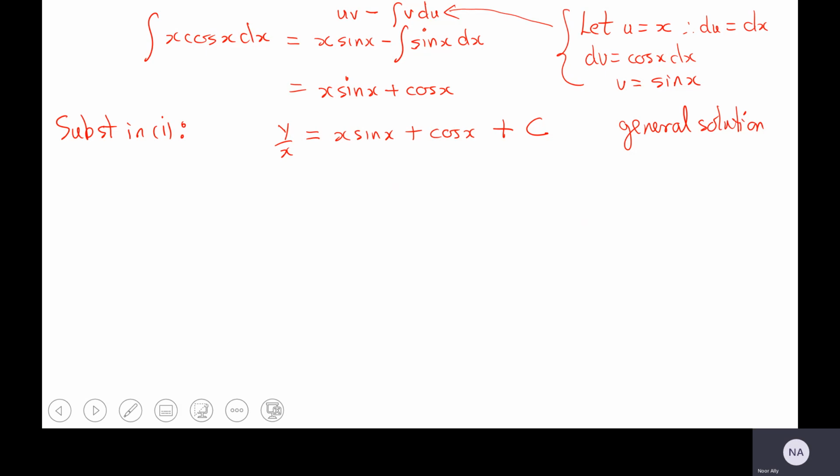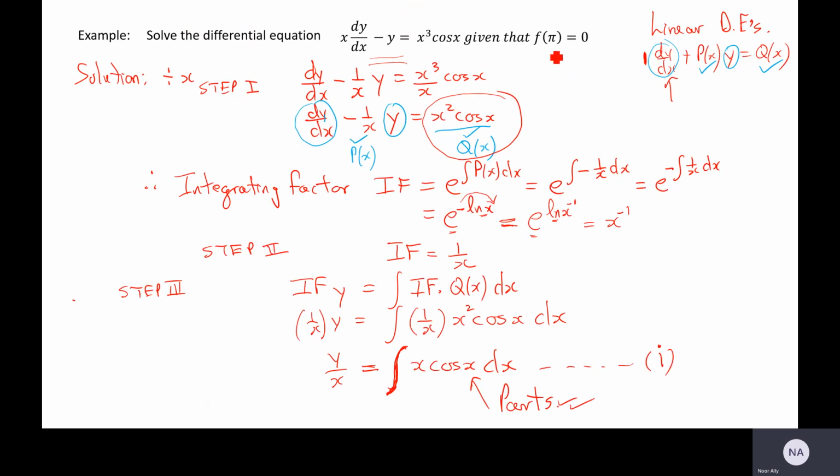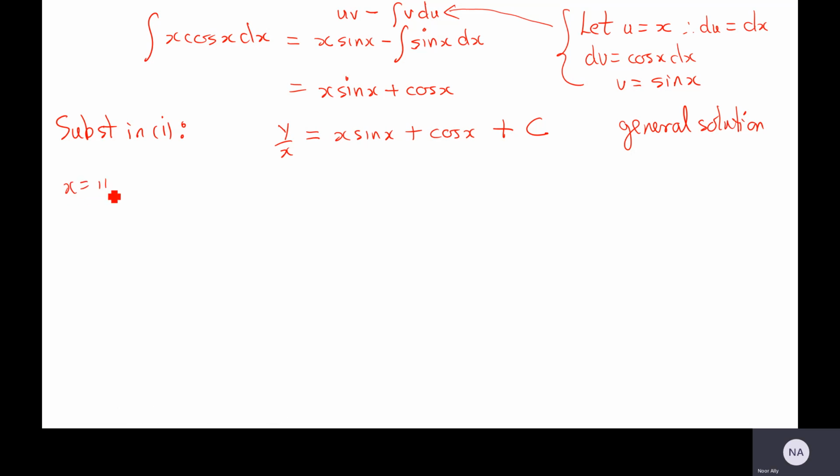Do we have initial conditions? Let's go back to the original problem. Yes, we do. y of pi equal to 0. Nevertheless, x is equal to pi, y equal to 0. Do the substitution: 0 over pi is equal to pi times sine pi plus the cos of pi plus c. 0 over pi is 0, sine of pi is 0, cos of pi is minus 1, plus c, so c is equal to plus 1.